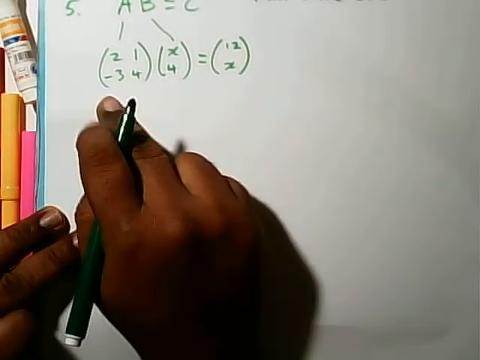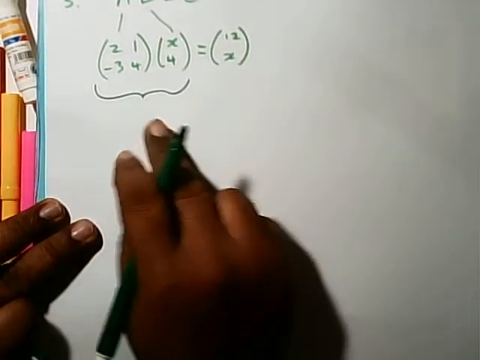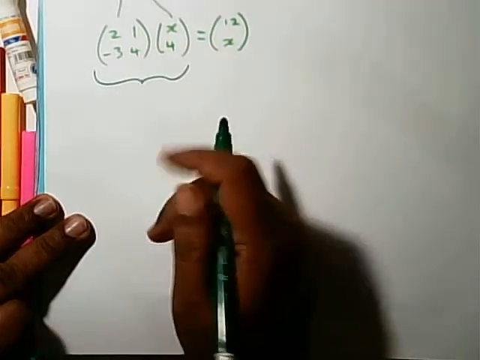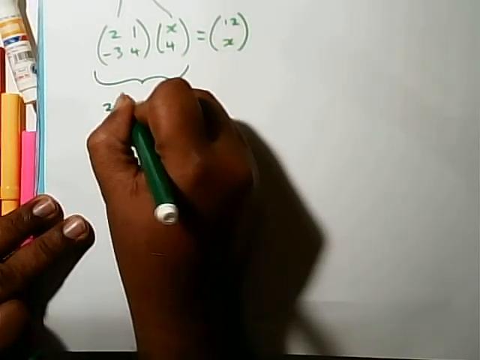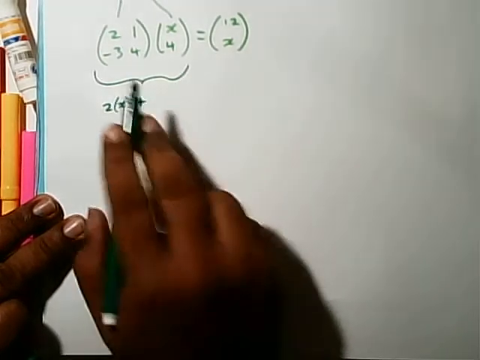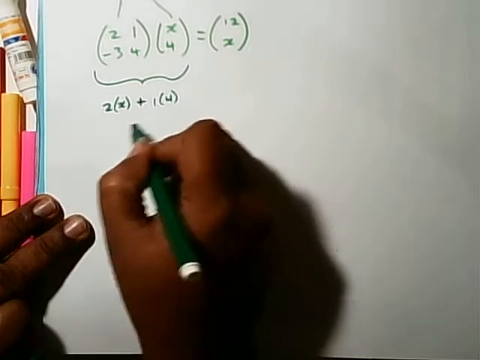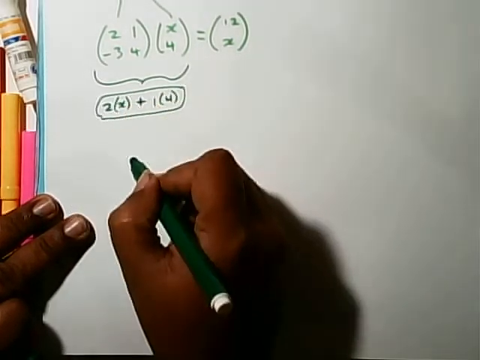So I'm going to work out this side here. Let's work out that. Row by column. 2 by x. 2 by x will be like that. Added to 1 by 4. That should give me my top number.